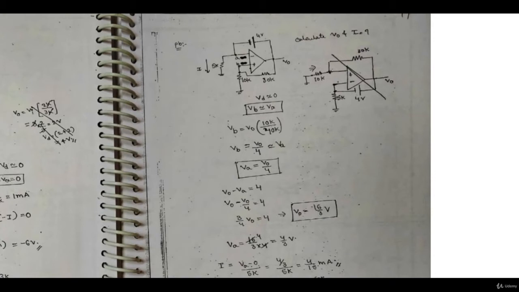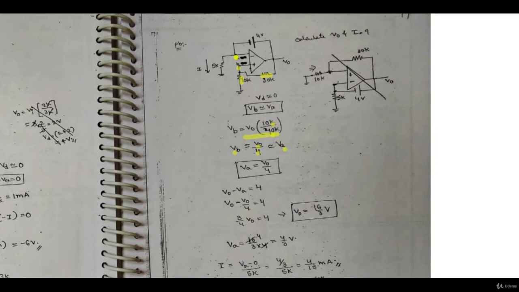First of all, you can calculate the voltage Vb by voltage division: V0 into 10k divided by 10k plus 30k. So 10k divided by 40k, Vb is equal to V0 by 4, which is approximately equal to Va also by virtual ground.